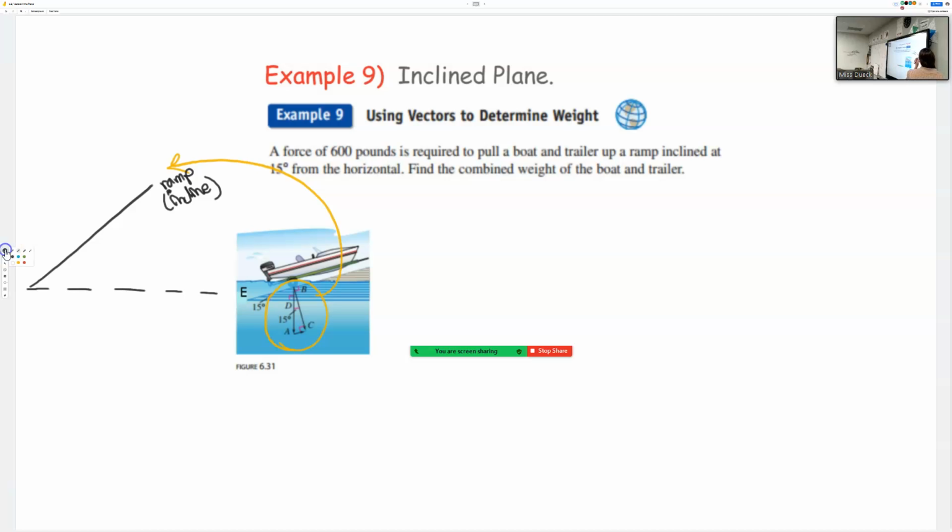If I have some sort of object on any sort of incline, there are some forces at play. I have one that goes straight down. I'm not sure exactly what the number quantity is, so I'm just doing some generic straight down.